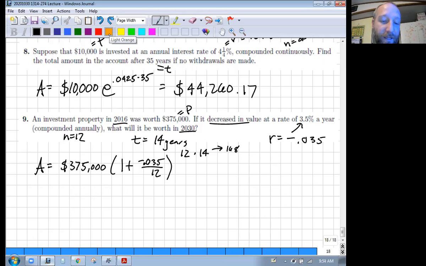Now I multiply that by 375,000 and I get $229,570.47. So in 14 years, decreasing at only a 3.5% rate, we've lost about $150,000 in value.